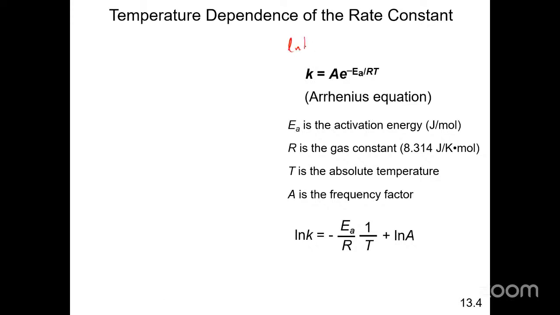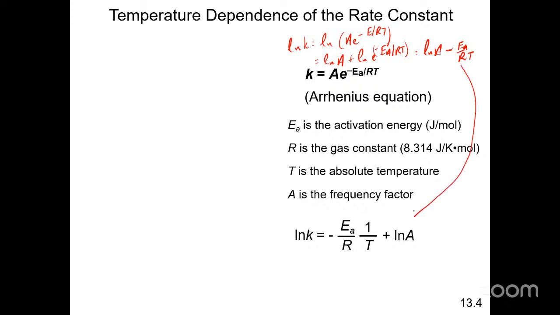So ln k will be equal to ln of A e to the minus EA over RT. And this will be equal to ln A plus ln e to the minus EA over RT. All right. And then this would lead to ln A minus EA over RT. And this basically is the same thing as this right here, all right?